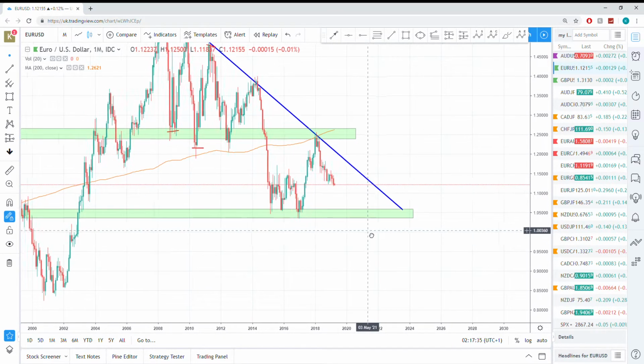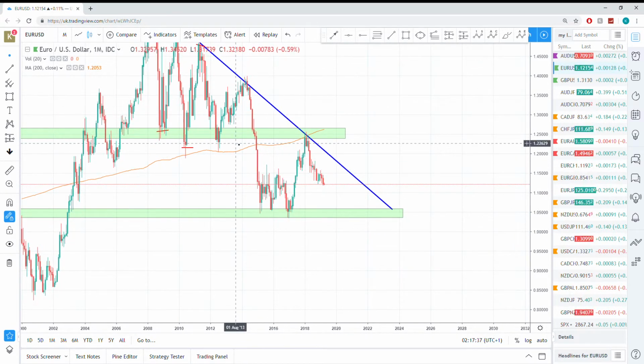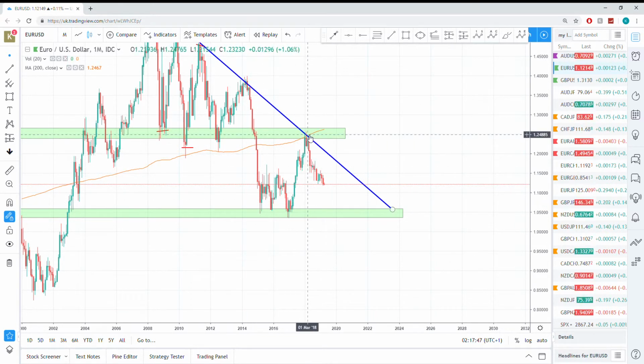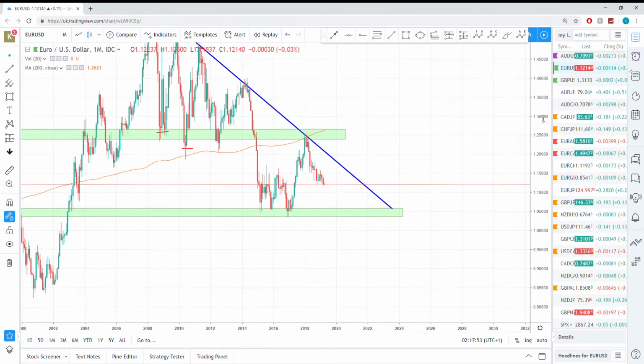So price has come and burst through this support zone, which is very significant. Now we come on to a retest, and it's basically saying we're still on a decline. So this is just a monthly zone.